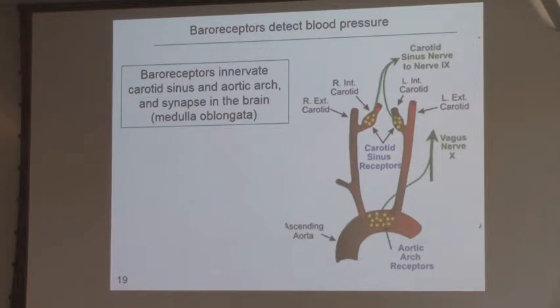So I'm using some of the anatomy that you know. It's on your list. Aorta, common carotid, external carotid, internal carotid. Pressure receptors are in the aorta and in the split between the internal and external carotid arteries.